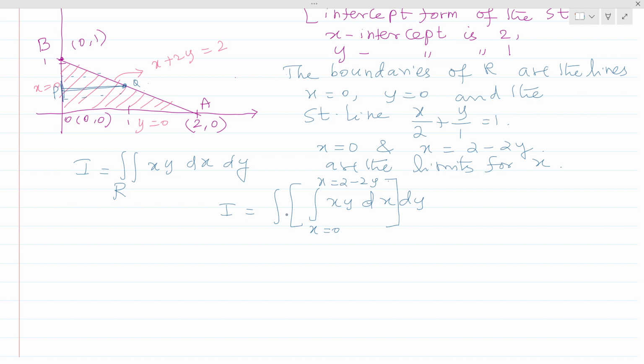Always we have to keep it in mind, inner integration may be a constant or a function of y alone, it should not contain any x. Okay, so next we have to write the limits for y.